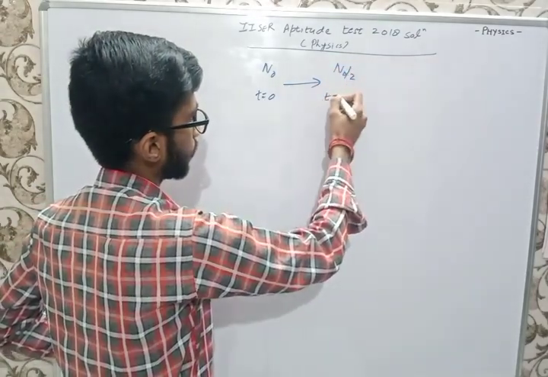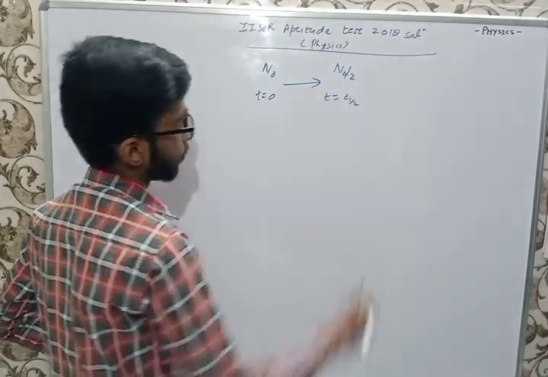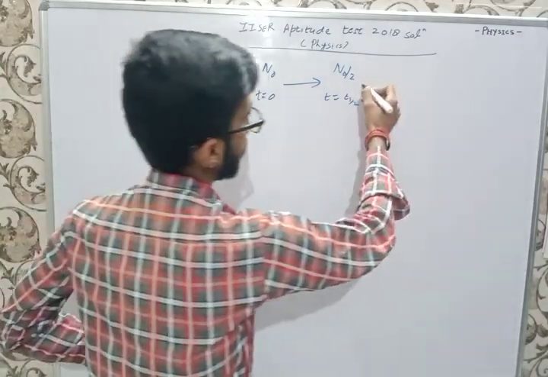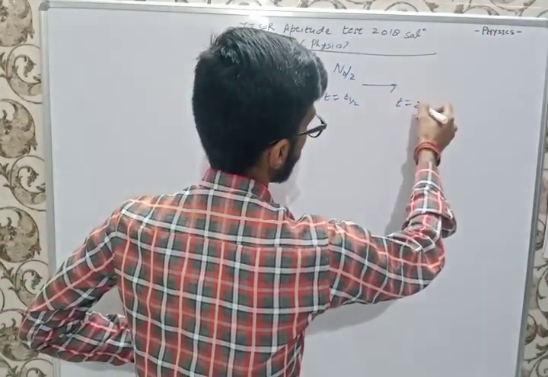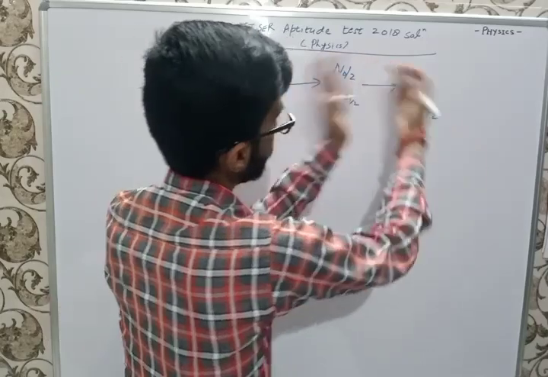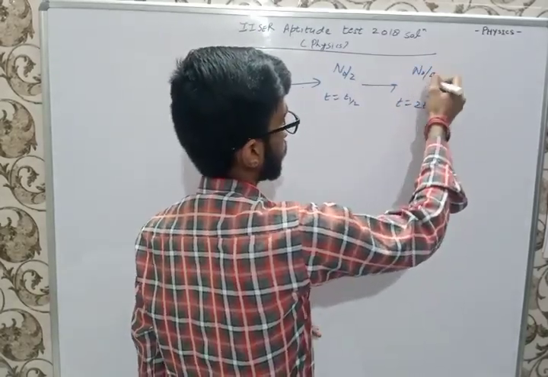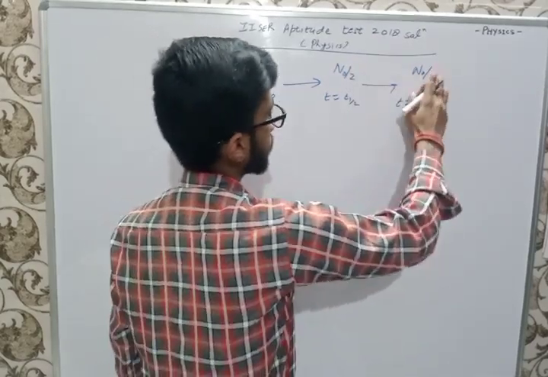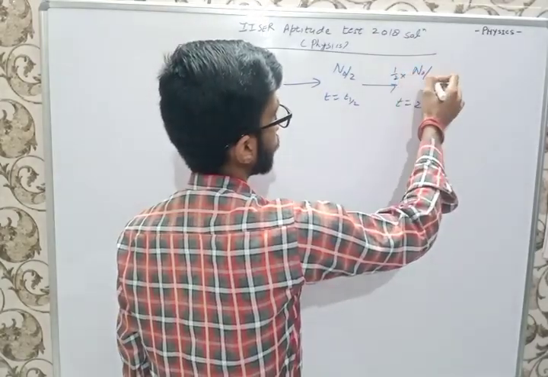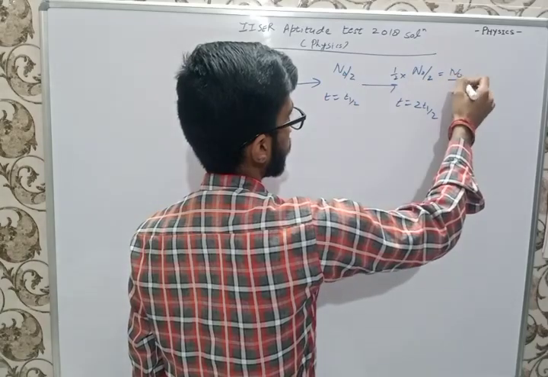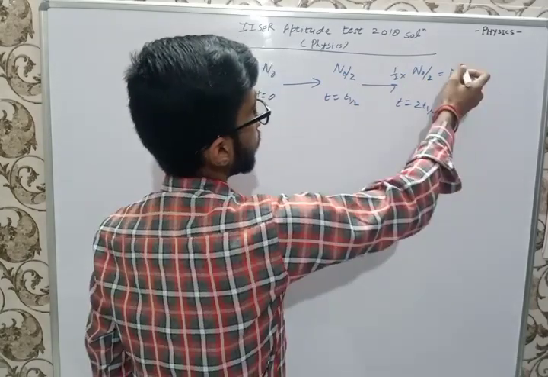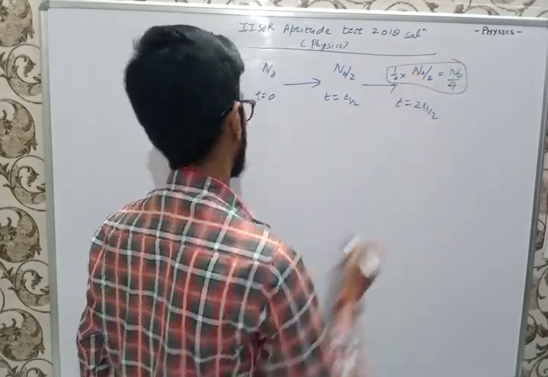As another half-life passes, at t equal to 2 t half, it becomes half of that. So it becomes N naught over 4. Half of this means 1 over 2 into N naught over 2, which is simply N naught over 4. This is the number of remaining nuclei.